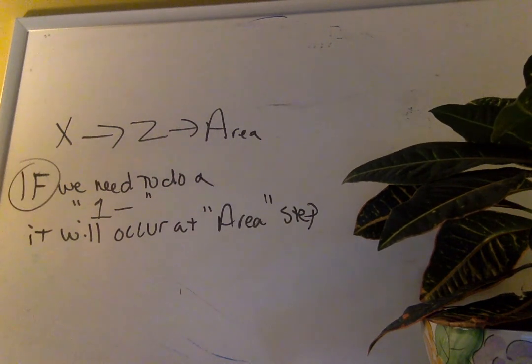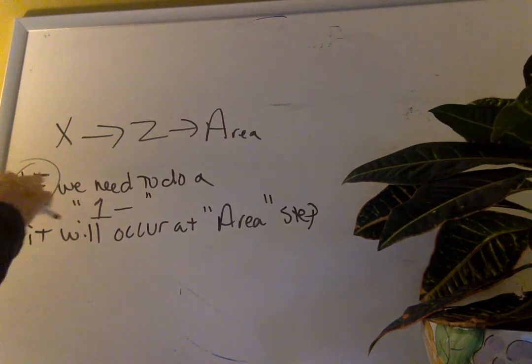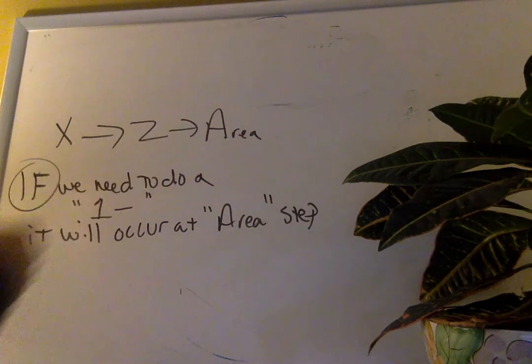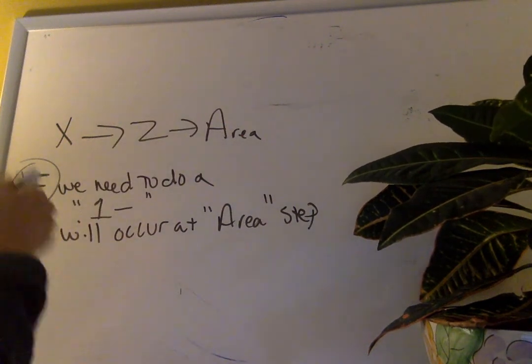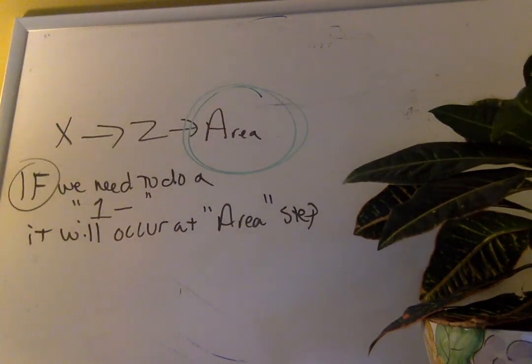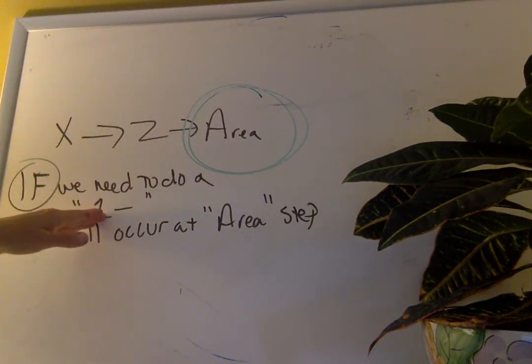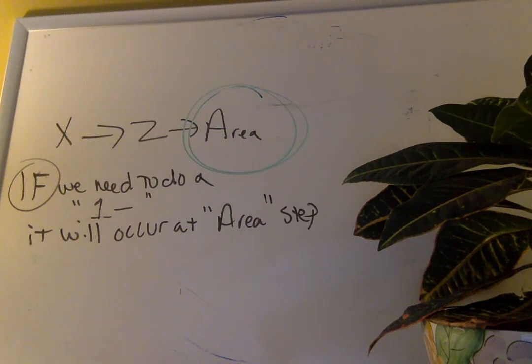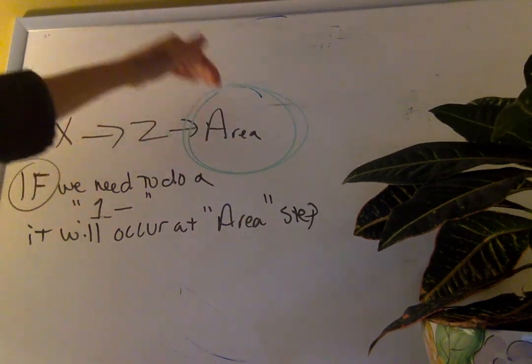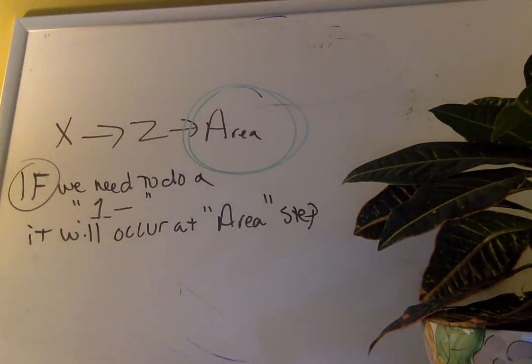Again, we don't always subtract from 1, but if we're going to need to, I can tell you it's going to happen at the area step, because that's what 1 is. 1 represents the entire area. 1 is an area, so it makes sense that you can subtract areas from 1. You cannot subtract z's from 1. You cannot subtract x's from 1. It's always happening here. Sometimes that's the last step, sometimes that's the first step.